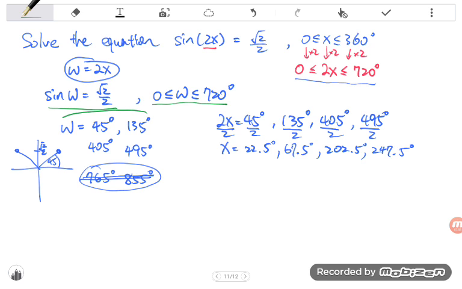I figured out these are the possible values for my w, but we're not asking for w, we're trying to solve for x. This is when I introduce the 2x back into my w to get this equation, and then to find x, I just divide everything by 2. Okay? Feel free to rewind this example. If you guys got this, then let's move on.